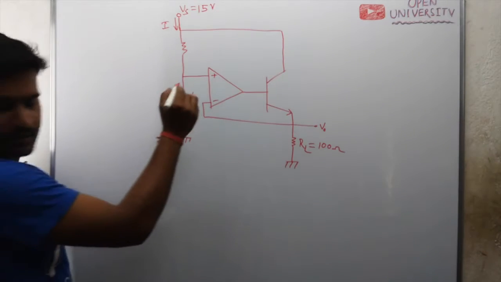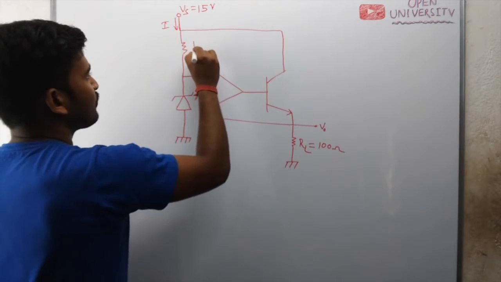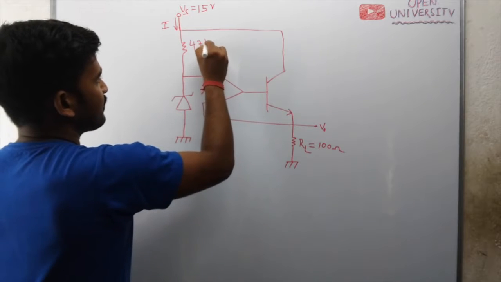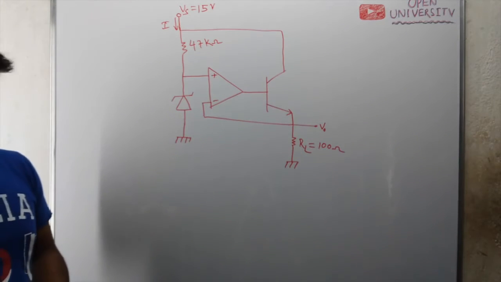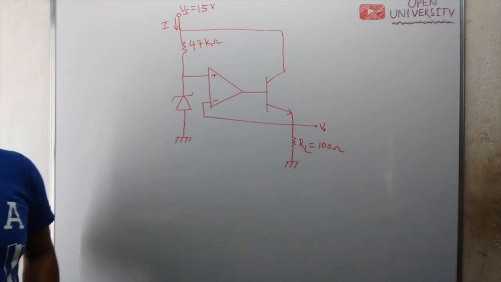This resistance value is 47 kilo ohm. First, draw the circuit.